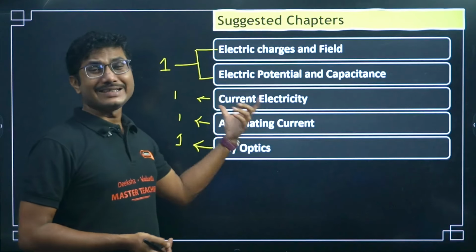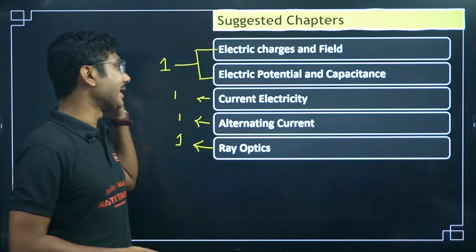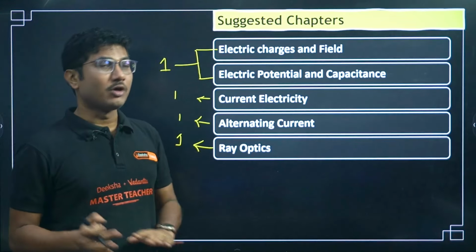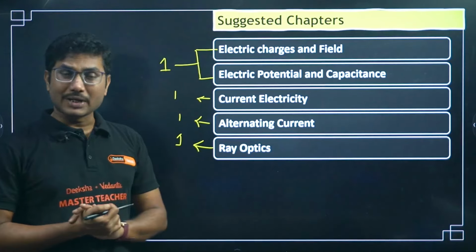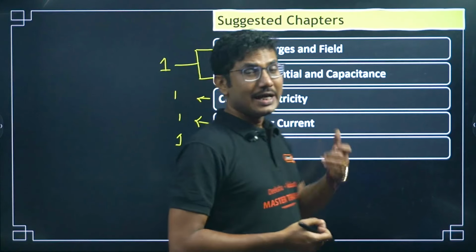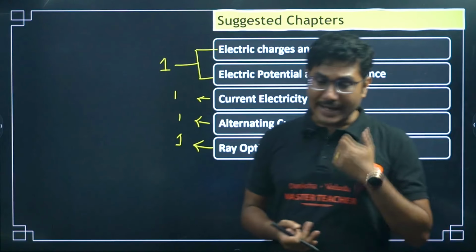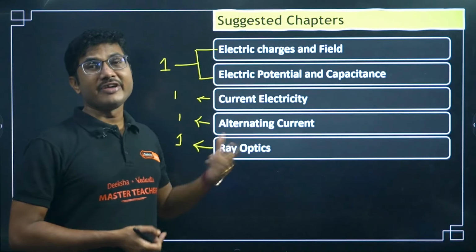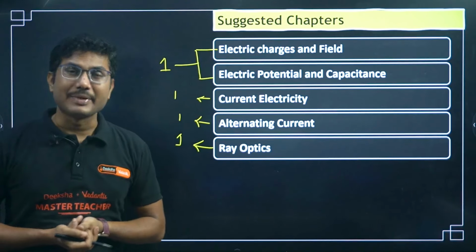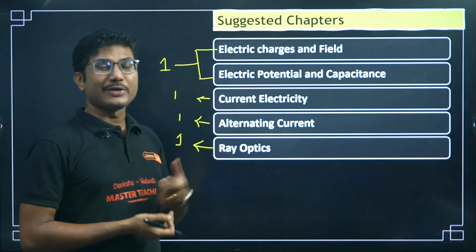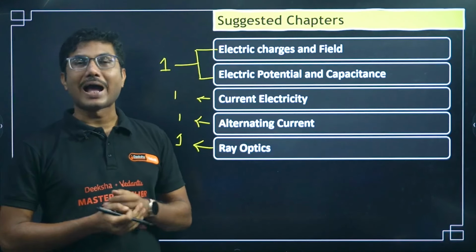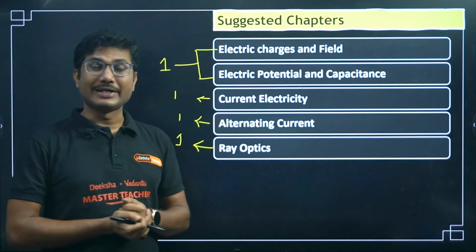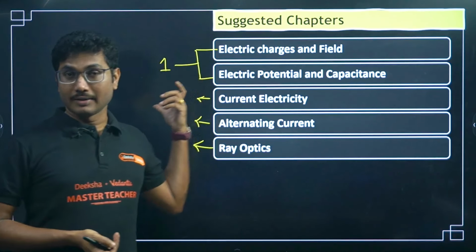Now, current electricity: sometimes you will get a straightforward question that can be solved using a formula. In that case you can attempt current electricity as well. Otherwise, if it is a circuit based question, I have seen students making mistakes, and it will be a very long, tedious process. So try to avoid current electricity if you have not practiced circuit theory questions a lot.